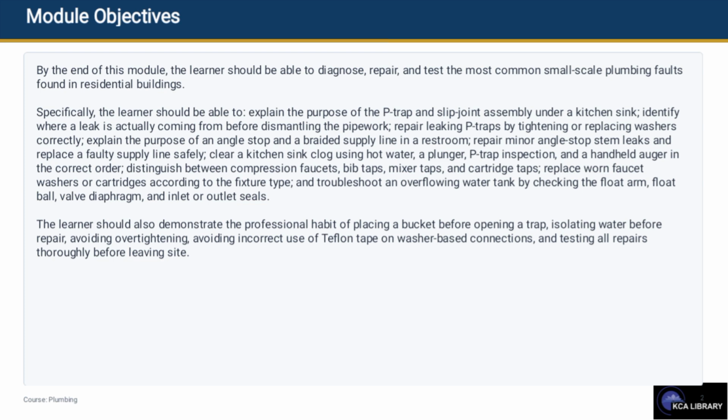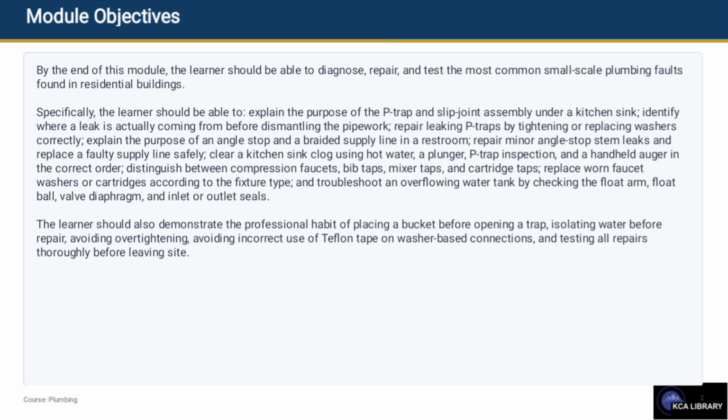Clear a kitchen sink clog using hot water, a plunger, a P-trap inspection, and a hand-held drain snake in the correct order. Distinguish between compression faucets, disc taps, mixer taps, and cartridge taps.